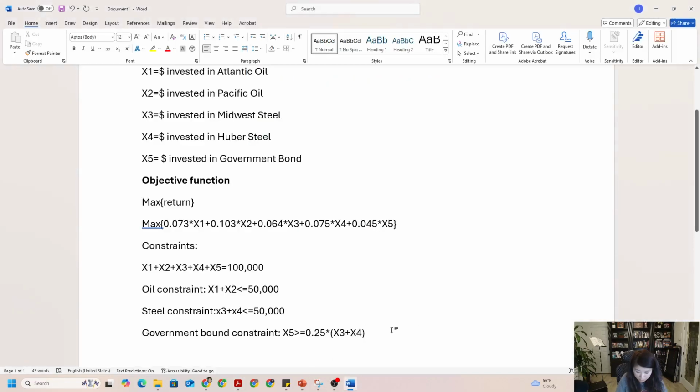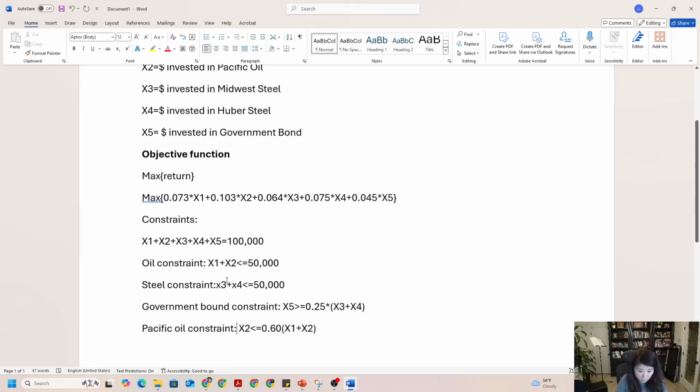We can translate this to the Pacific oil constraint: x2 has to be smaller than or equal to 0.60 times x1 plus x2.